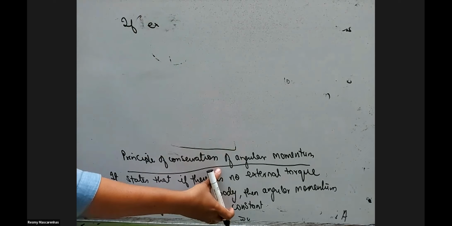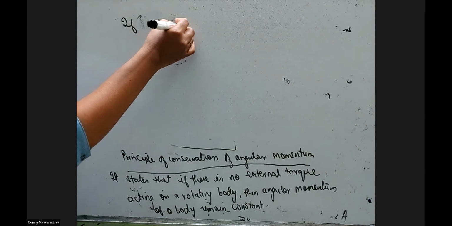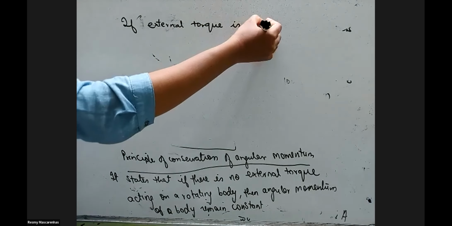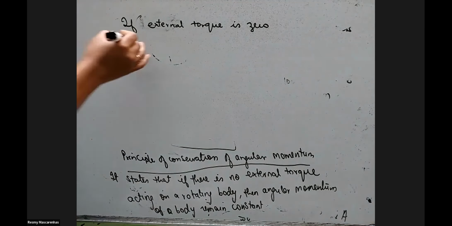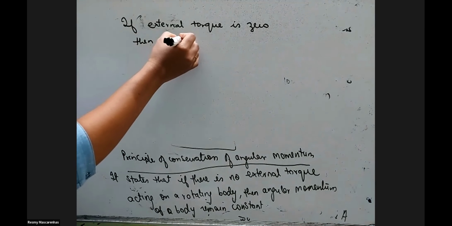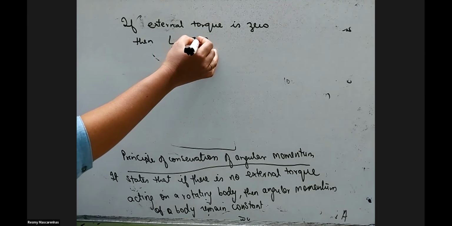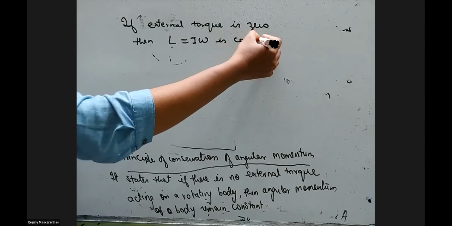This is as per the definition, for your understanding. If external torque is zero, meaning there is no external force acting on it, then L equals I omega, inertia into angular velocity, is constant.